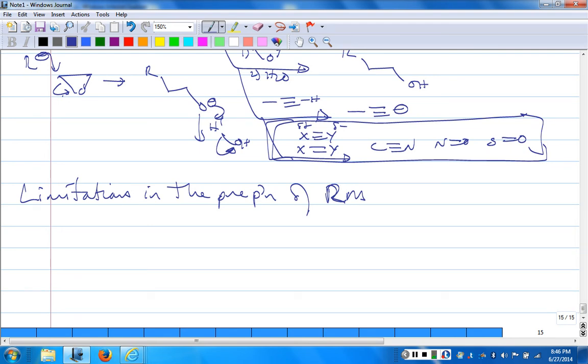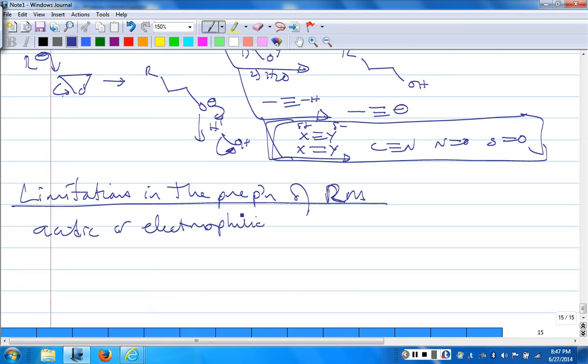So there are a few limitations in the preparation of an organometallic, and it is not terribly surprising. If the compound that you're preparing the organometallic from is polyfunctional, and it contains another group that is either acidic or electrophilic, then we're going to have a problem.